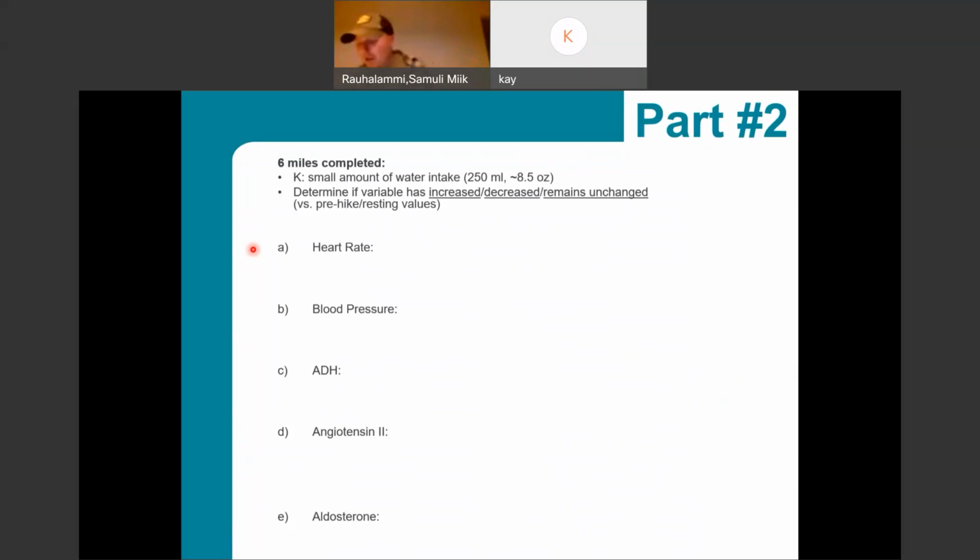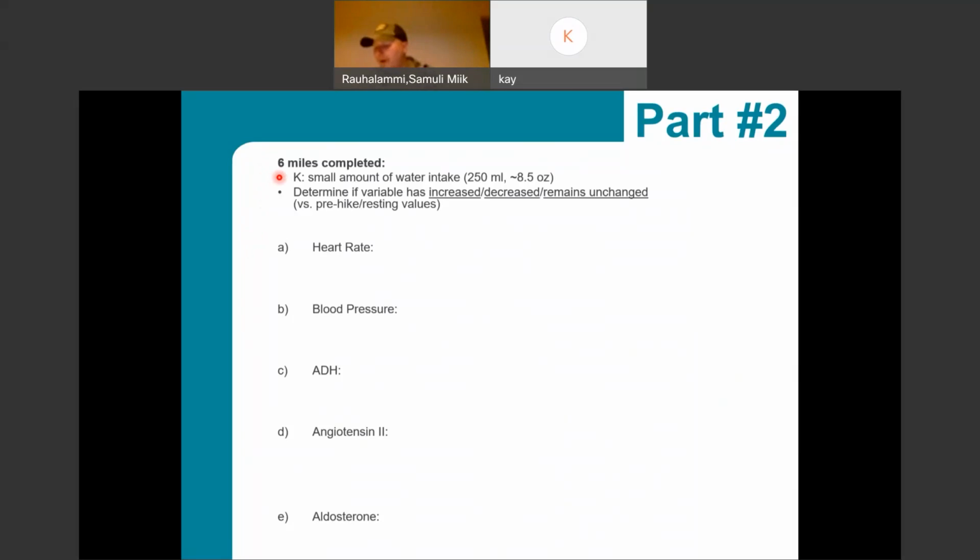So we're going to start by looking at Carla at the early part of her hike. What we'll notice with Carla in this scenario is that she actually had a leak in her water container. So she has lost water throughout this early part of the hike. She's been worried about not having enough water with her, so she's decided to drink only a very, very small amount of water.